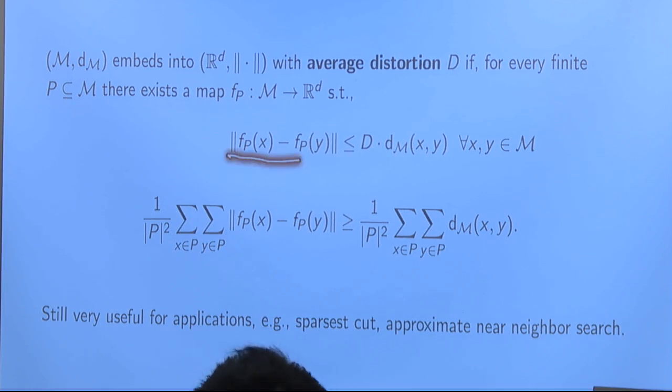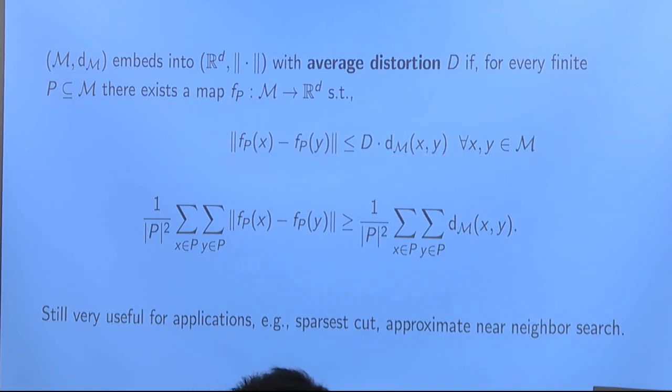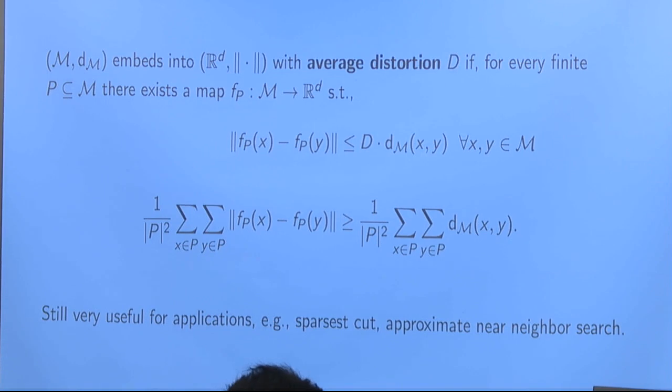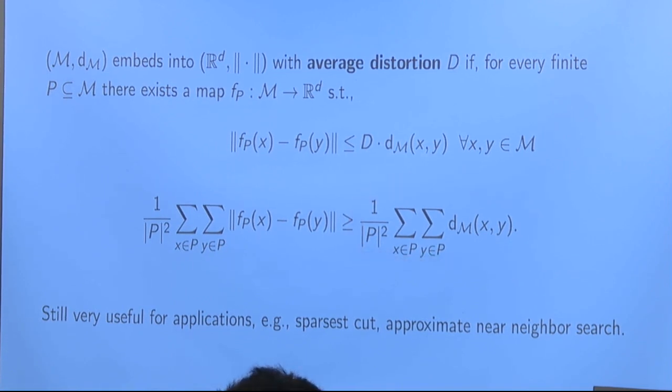First, I ask that distances don't expand by more than a factor of D. This is the exact same thing as bi-Lipschitz embeddings. However, on the other side, I'm only asking that the average distance between points in P after I map them is at least the average distance between points in P before I map them through F.